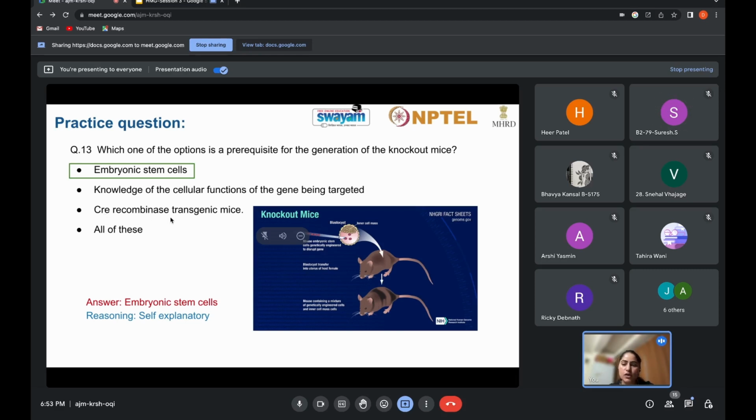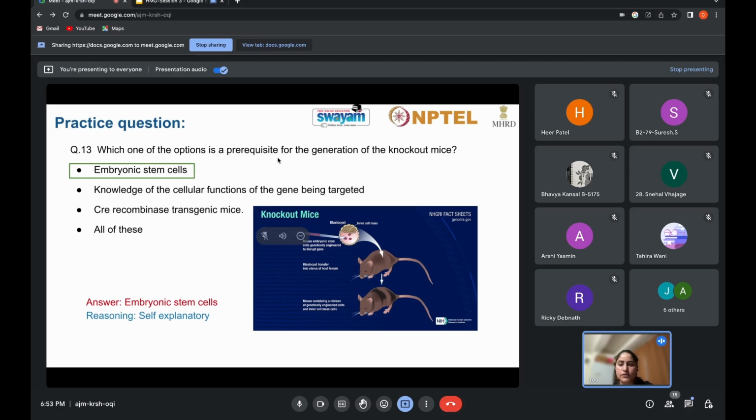When you talk about the Cre recombinase transgenic mice, Cre recombinase is used when you want to observe the cell-specific or tissue-specific expression of a particular gene. Before that, if you want to generate a knockout mice, then generally the prerequisite is embryonic stem cells. In the entire model you are studying the whole organism, but if your interest is to observe the expression of a tissue-specific gene, then you perform the Cre recombinase.